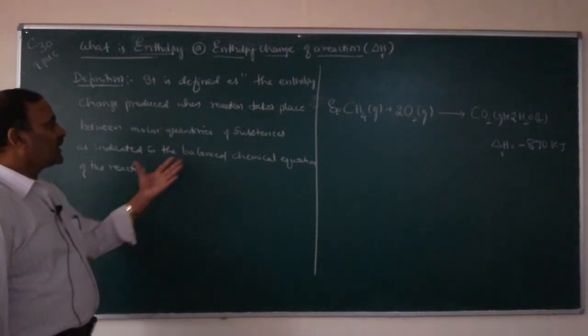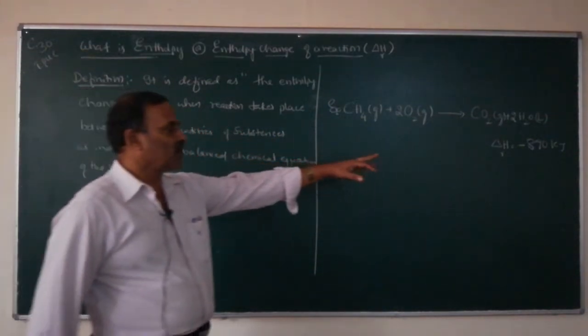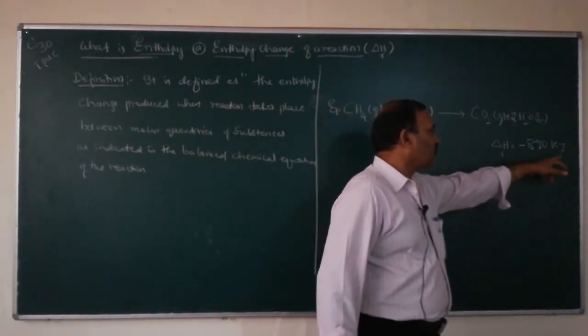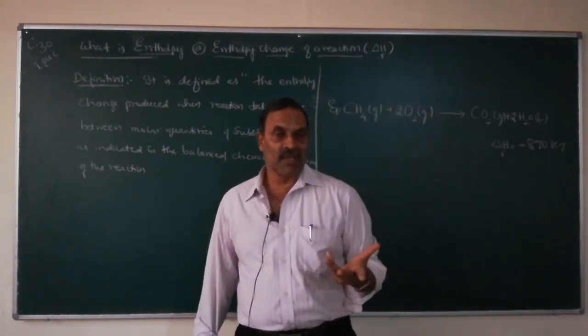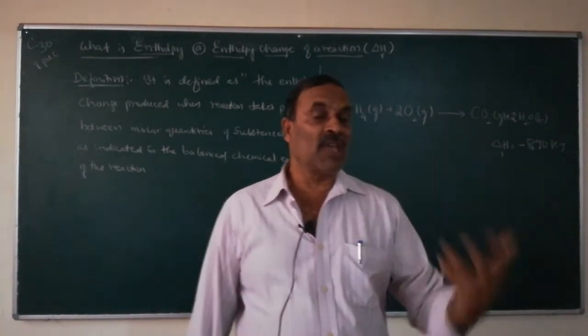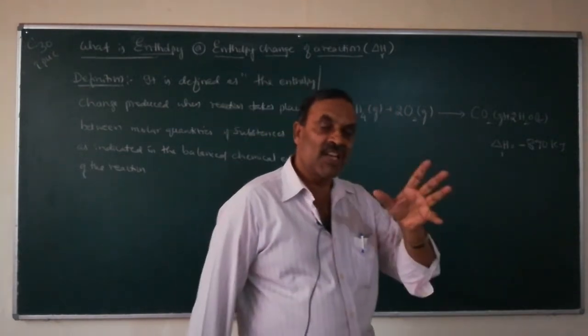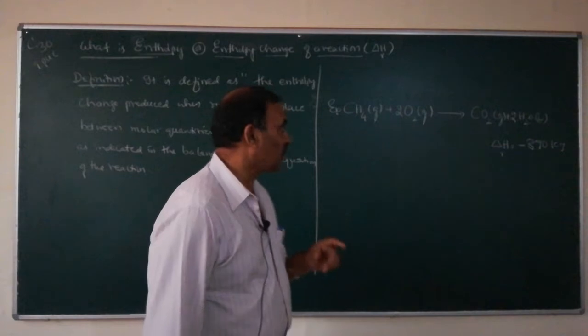This quantity is called the enthalpy change produced. It may be liberation or it may be absorption of heat. Generally it is called enthalpy change produced.